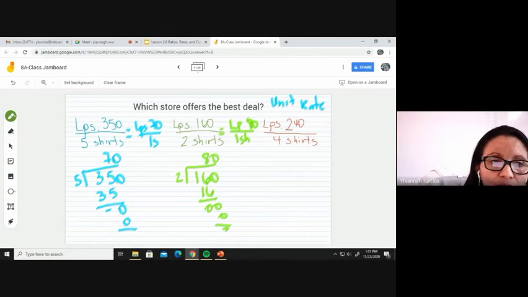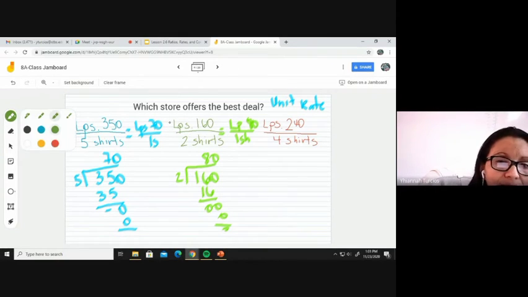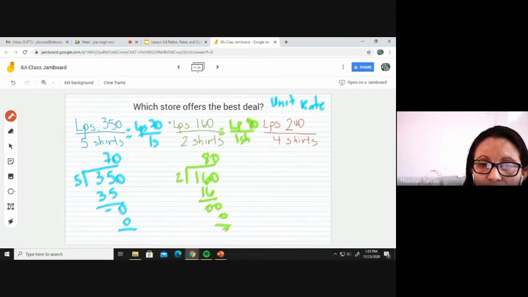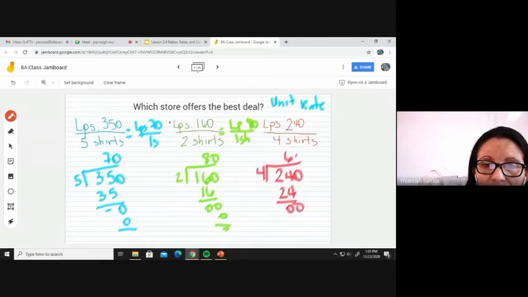And then we're going to do the last one the same way. That means I'm going to divide 240 divided by 4 to find the unit rate. This will give me 60, and that way we know that every shirt will be 60 lempiras.